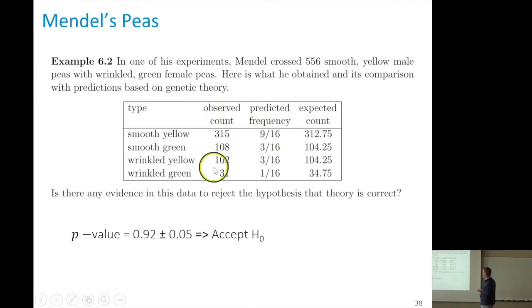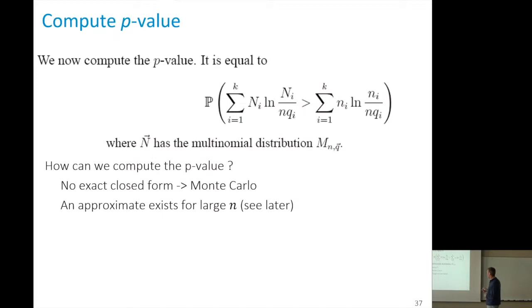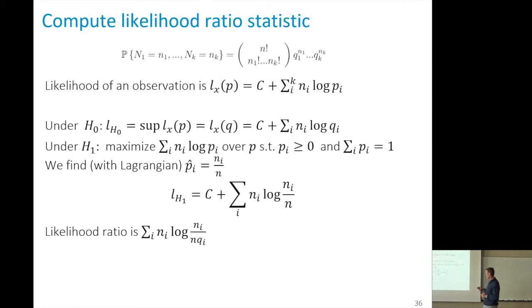So I took those values. I did a Monte Carlo simulation. I simulated this random variable here. How would you do that? How would you simulate the vector n that has this probability distribution?